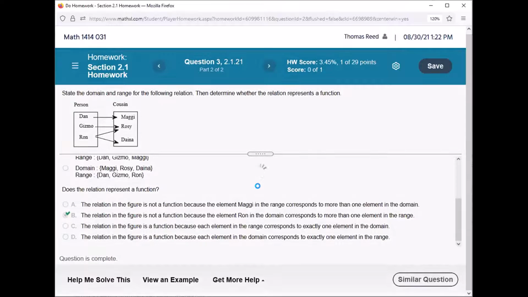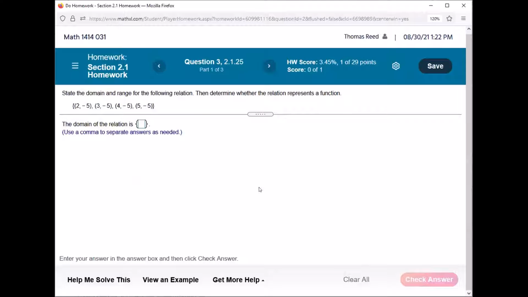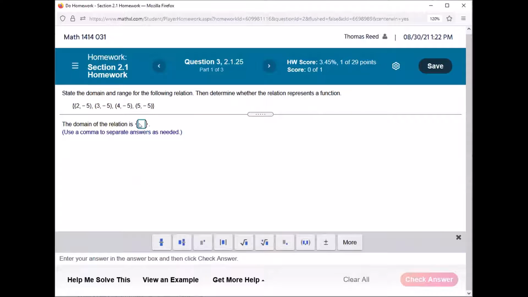Is there a next question here? No. Okay, so it moved on. So here's the domain. All right, this is where we've got to be careful. Notice it gave us a bunch of things down here. And here in the domain, we type in the X values.